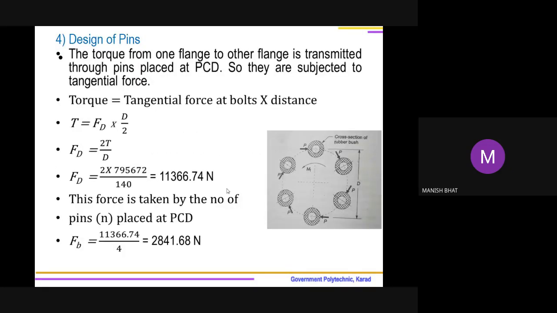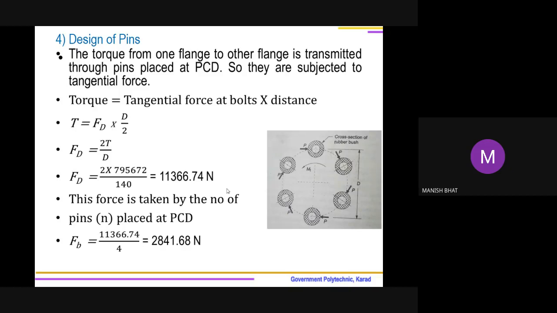Now we are supposed to find its failure. First of all, we will find out how much force is acting at the pins. We have chosen 4 pins only. It would be better if we had selected 6 pins, so the diameter would be less than this 10 millimeter.